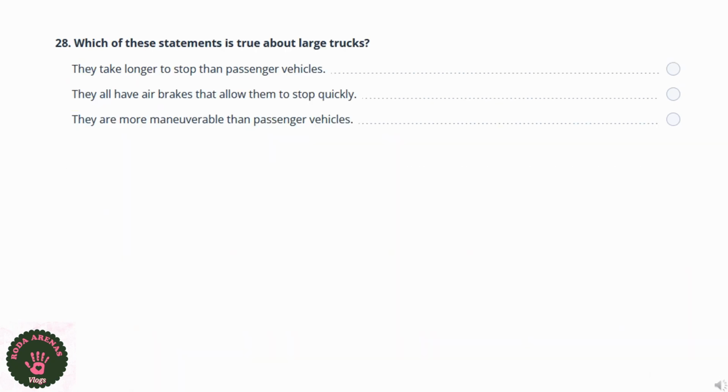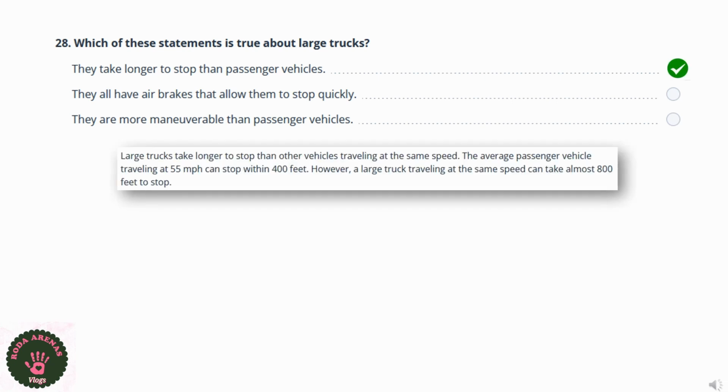Which of these statements is true about large trucks? They take longer to stop than passenger vehicles. They all have air brakes that allow them to stop quickly. They are more maneuverable than passenger vehicles. The correct answer is they take longer to stop than passenger vehicles.